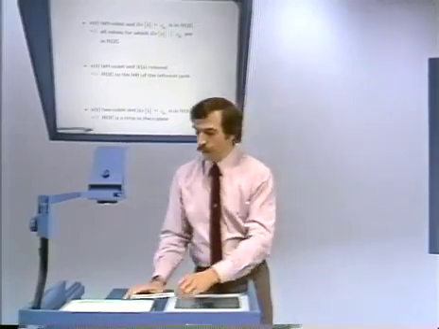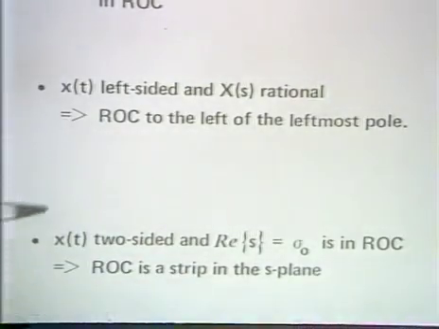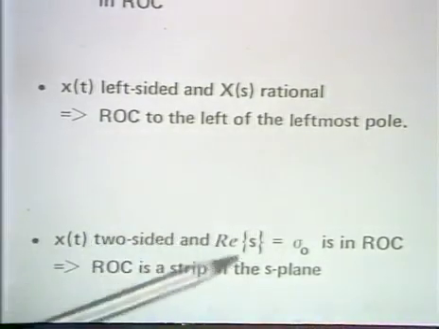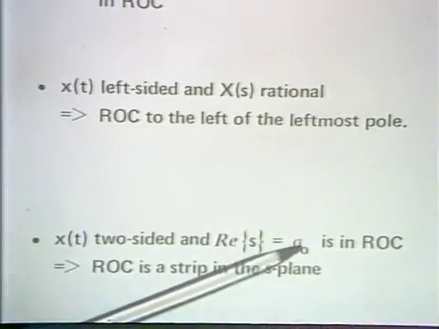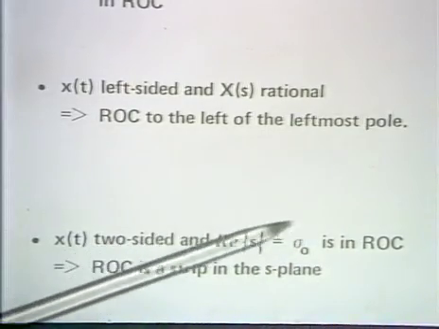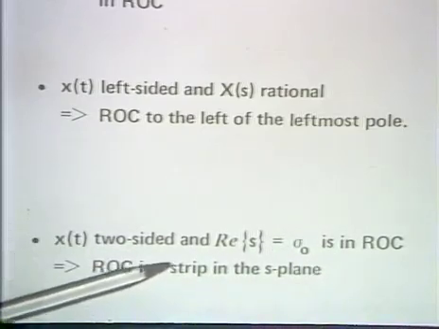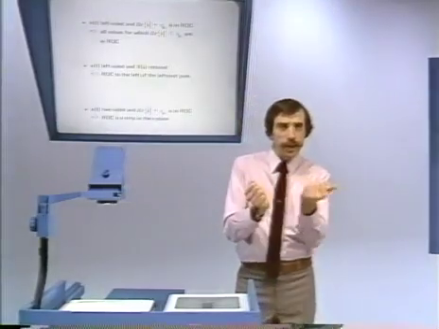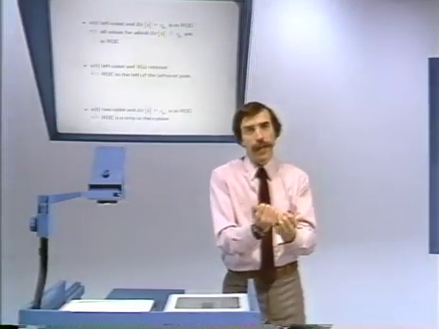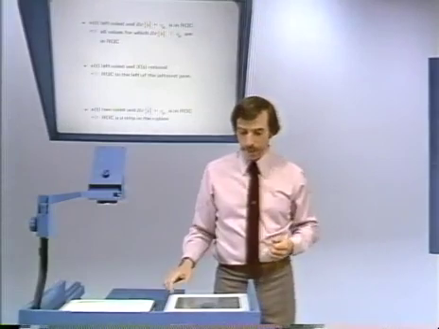Said another way, for a two-sided signal, if we have a point which is in the region of convergence, then that point defines a strip in the S-plane that takes that point and extends it to the left until you bump into a pole, and extends it to the right until you bump into a pole.